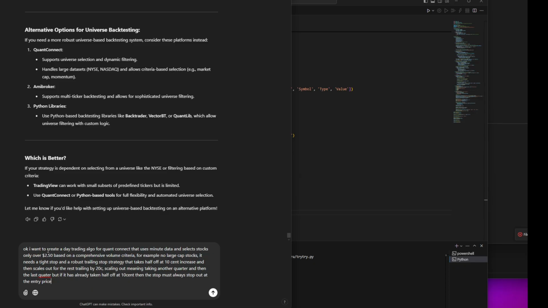I wanted a QuantConnect algo that uses minute data and selects stocks based on comprehensive volume criteria.